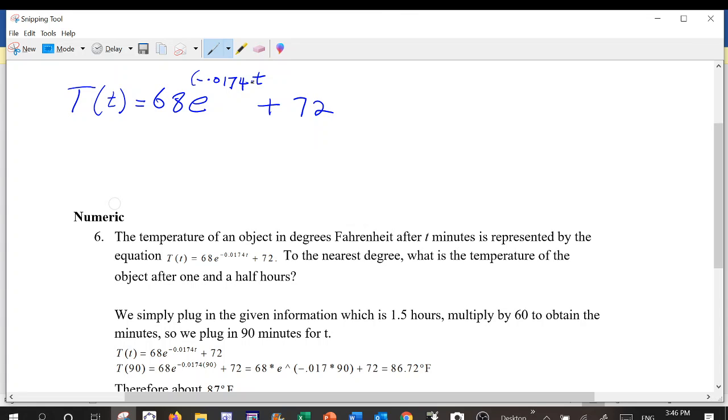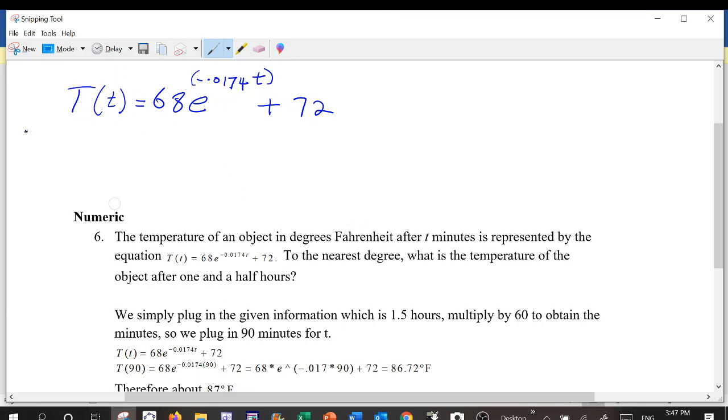That 0.0174 T is the exponent of e, and 72 is over here. So that rate is negative, which means the temperature is going down. To the nearest degree, what is the temperature of the object after 1.5 hours?